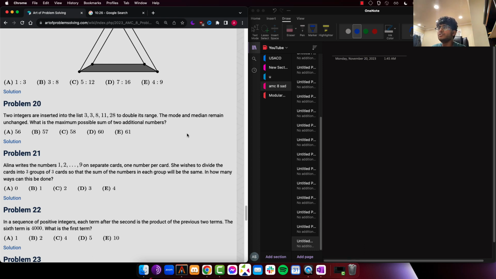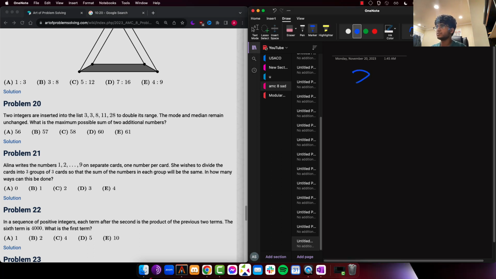The mode and the median remain unchanged, so you have to add 1 to each side. The mode is 3. The median is 8. So you have to add 1 to each side of the median. And you want to make the range 50.